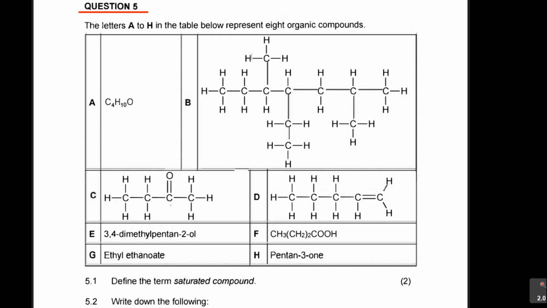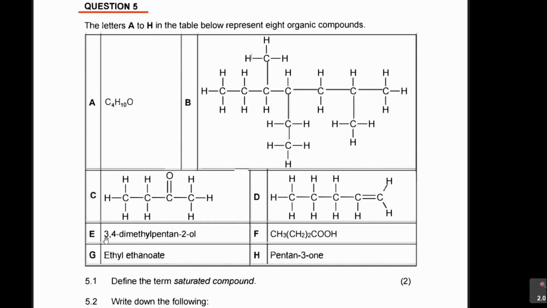Compound C, you can see that this is a ketone. Why is it a ketone? There is carbon surrounding this group, and you know what this group is? It is the carbonyl group. Those are things that you need to know in general as I'm going through. Then compound D, you can see that it's carbon and hydrogen, but I have a double bond there, which is an alkene.